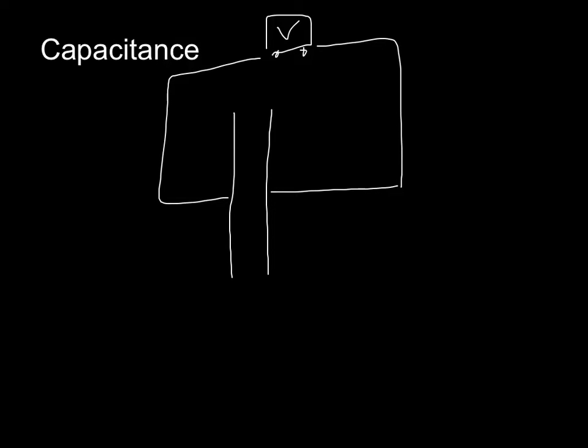So there's a positive potential on one side of the battery and a negative potential on the other. You've seen the negative and positive terminals on your battery. And so the current wants to flow from the positive, and so we get a positive charge set up on one side of the capacitor.